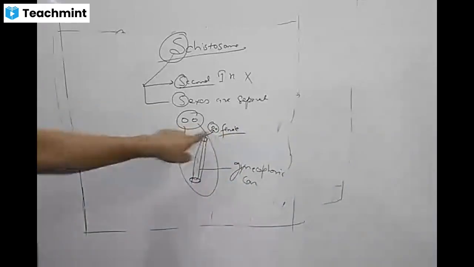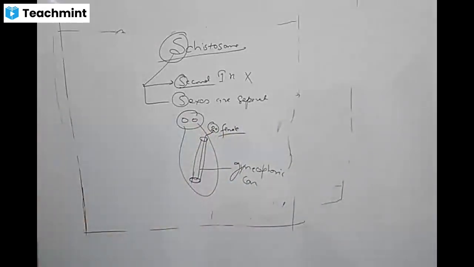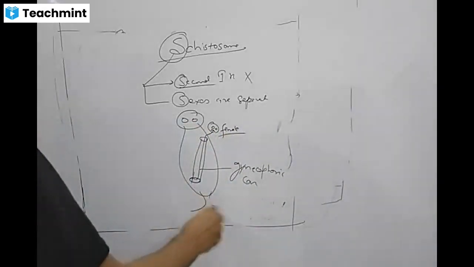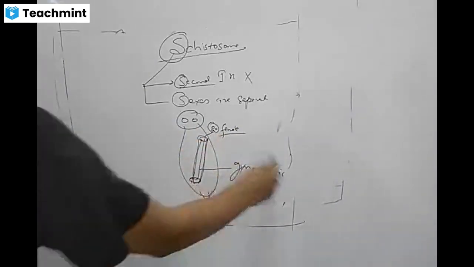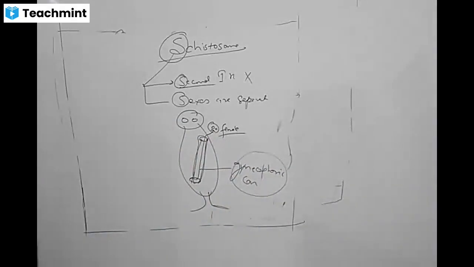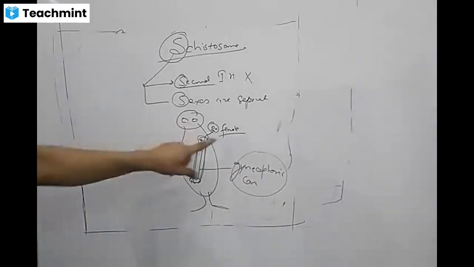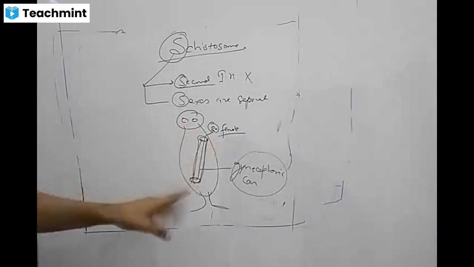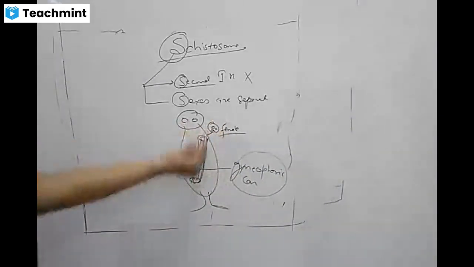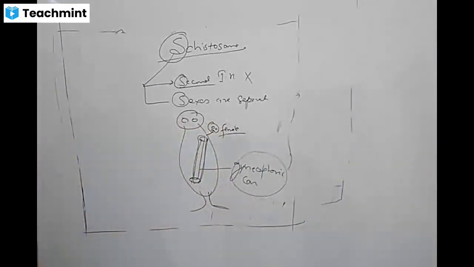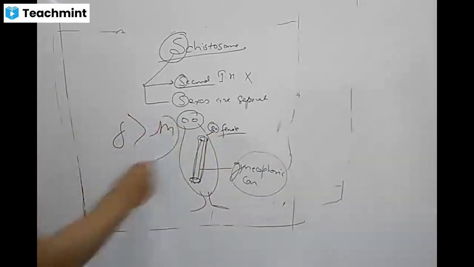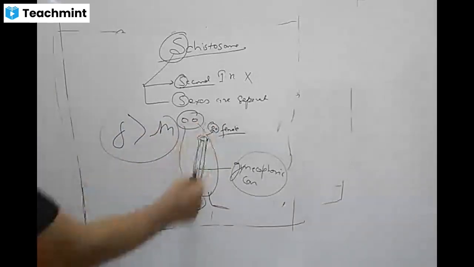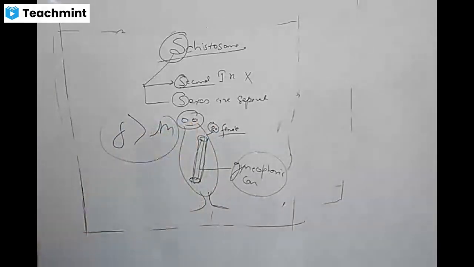So the female is sitting within the body of the male, within the gynecophoric canal. So both male and female are separate, and the female is sitting within a canal inside the body of the male, and the length of the female is more than the male. This female is lengthier than the male.